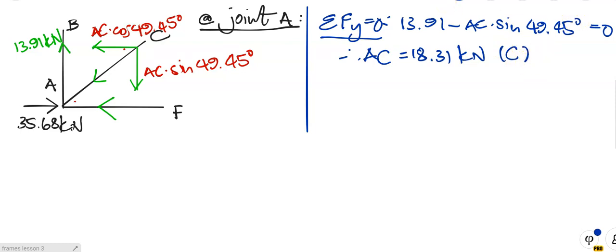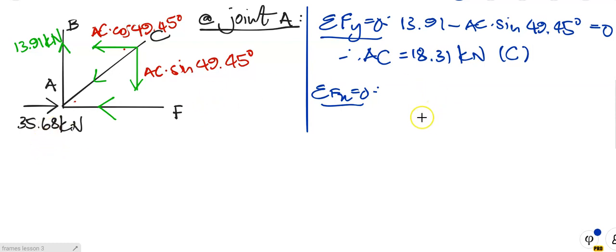Right, are we done? No, I need to solve horizontally to find AF. So I'm going to say the sum of the horizontals is equal to 0. Right, as I said in applied mechanics, there's 1, 2, 3 forces. You can take them in any order, doesn't matter. Just get the signs right and get them all.